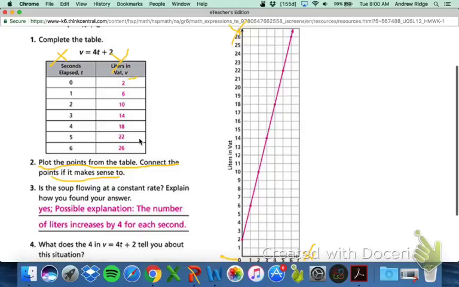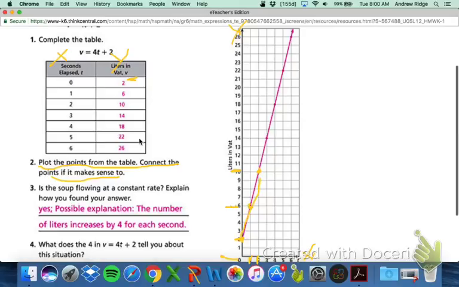The y is 2, which is this 2 right here, and so we put a point. At x1, the y is at 6. At x2, the y is at 10. And so on, etc.